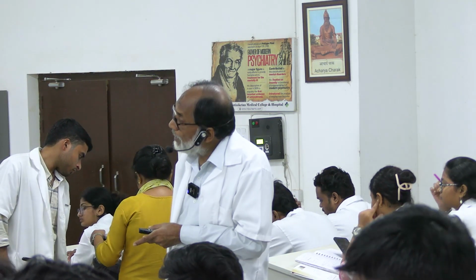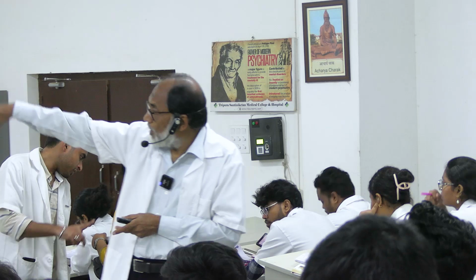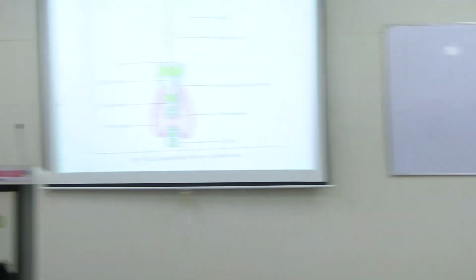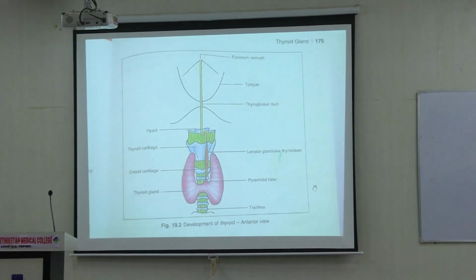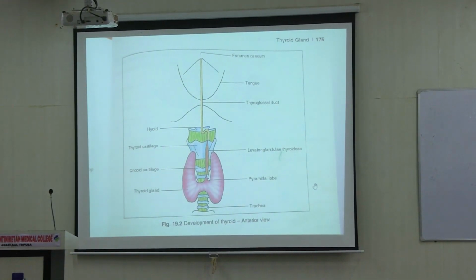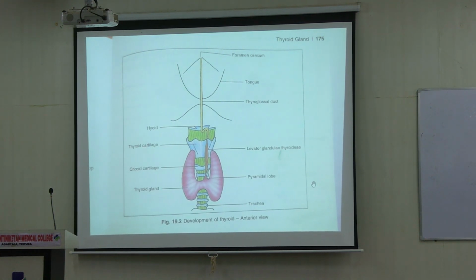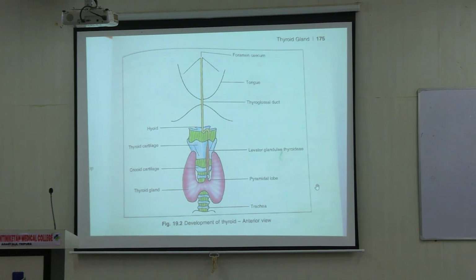Here you see the lateral lobe. It has a pyramidal shape. It has an apex and base. Apex reaches where? Very good, oblique line of thyroid cartilage. And this apex is sandwiched between two important muscles.